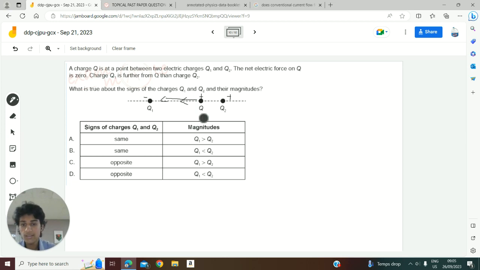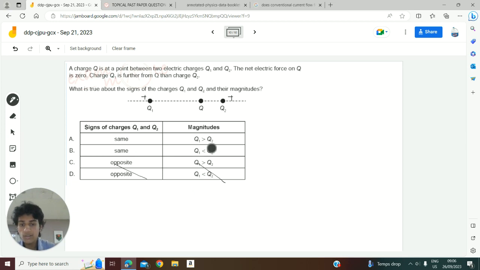So in that case, it doesn't work. So the only case we can assume is when the signs are the same. We can take, let's say, negative, negative, or positive, positive. It doesn't really matter. So we can eliminate these options.